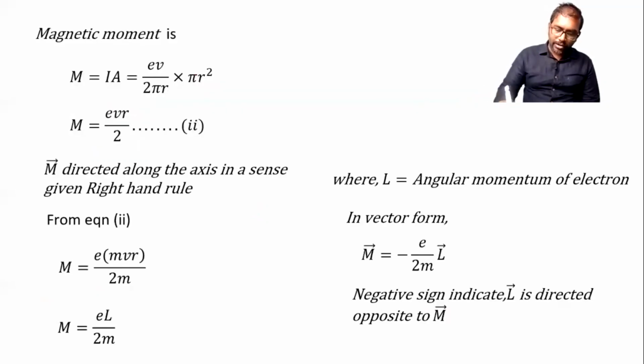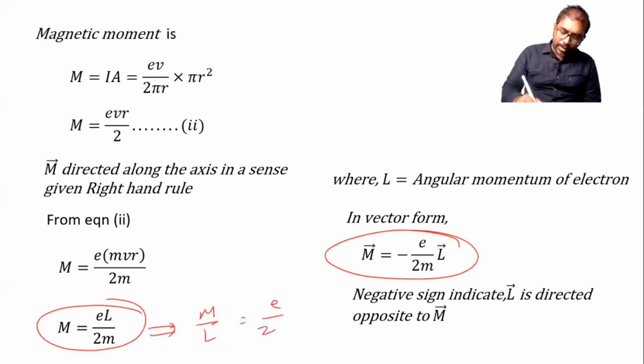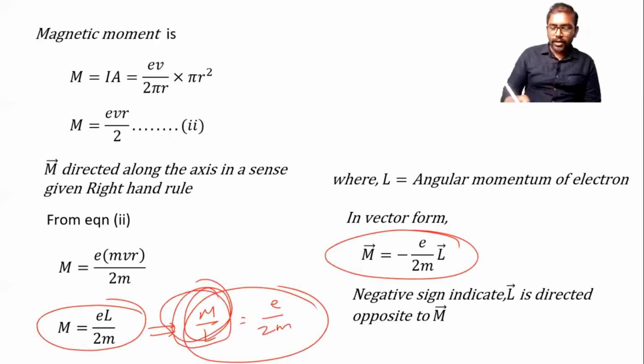In magnitude, I can write M by L is equal to e by 2m. And this M by L is called the gyromagnetic ratio. So the gyromagnetic ratio formula is e upon 2m.